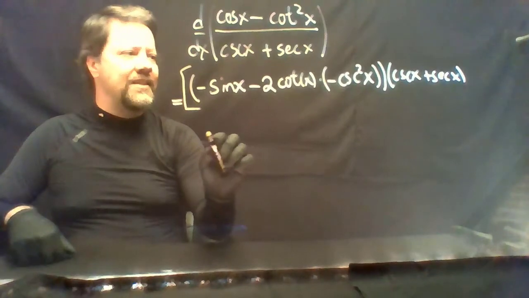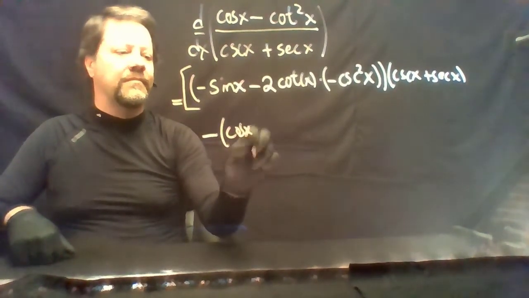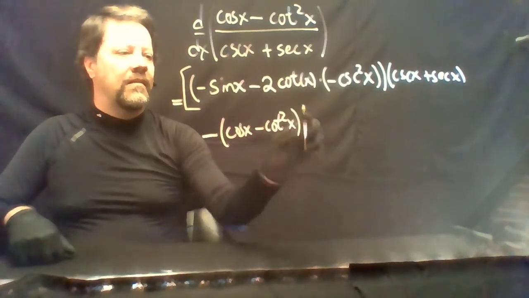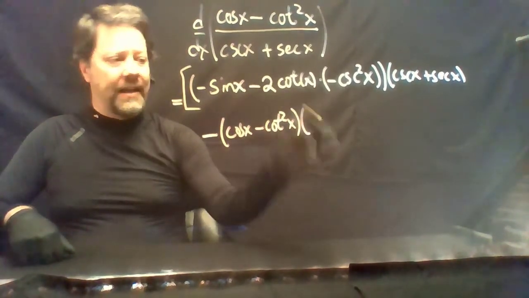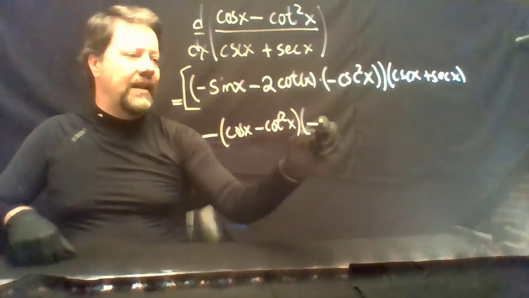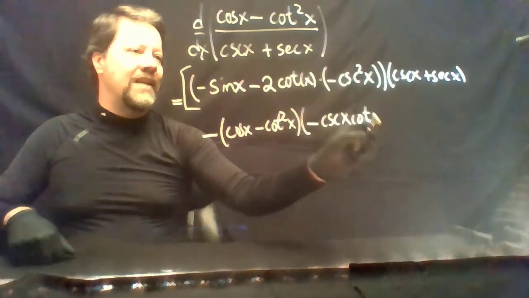What comes next is minus the top times the derivative of the bottom. The derivative of cosecant is negative cosecant x cotangent x.